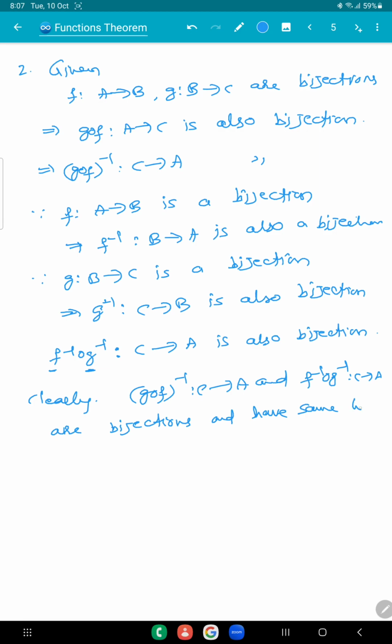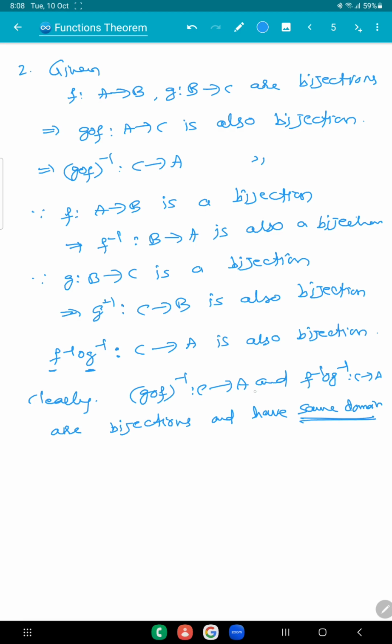So to prove that two functions are equal, the first step is that they have the same domain. What we need to show next is that they are equal. They are equal means that first we have to show that their domains are equal and their images are equal.